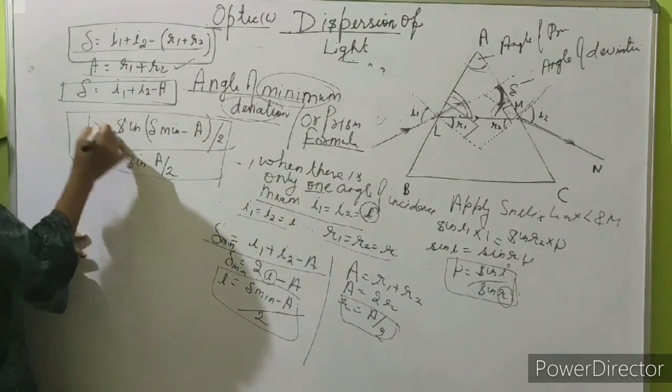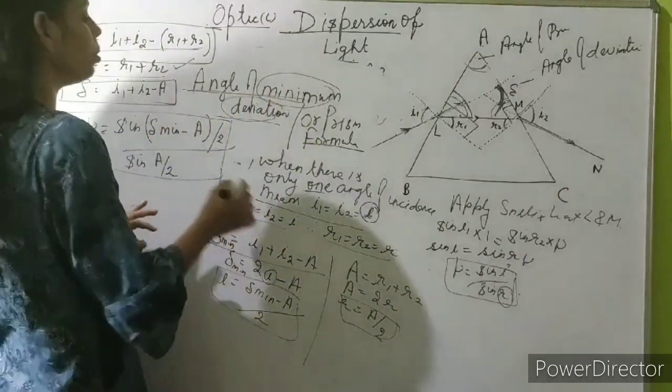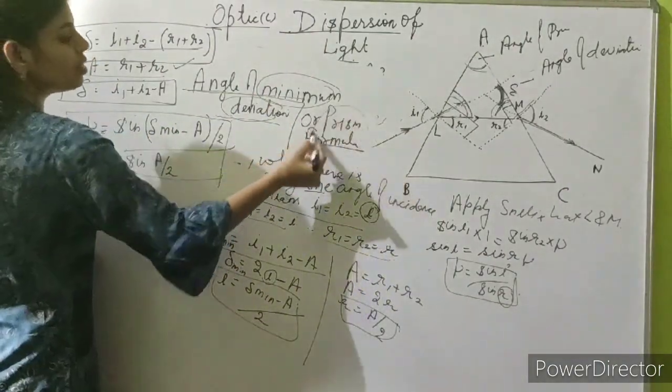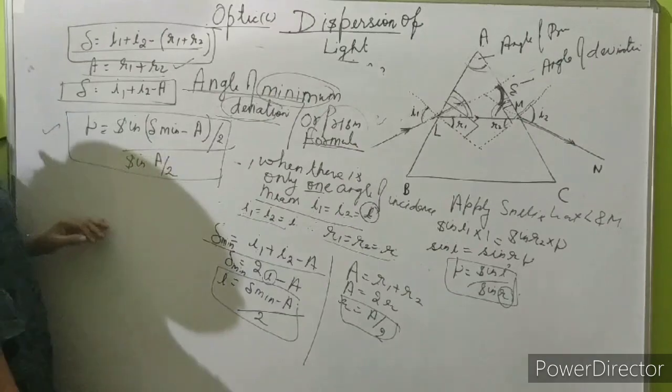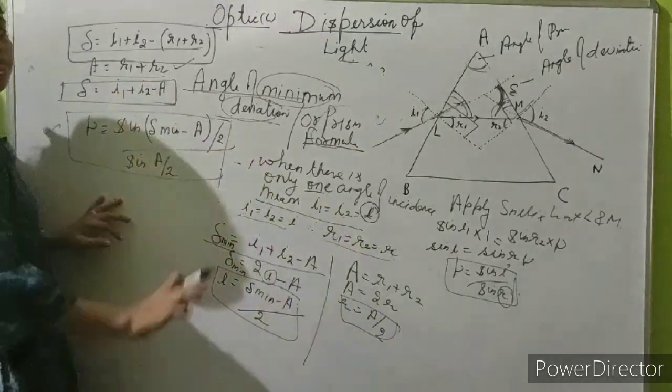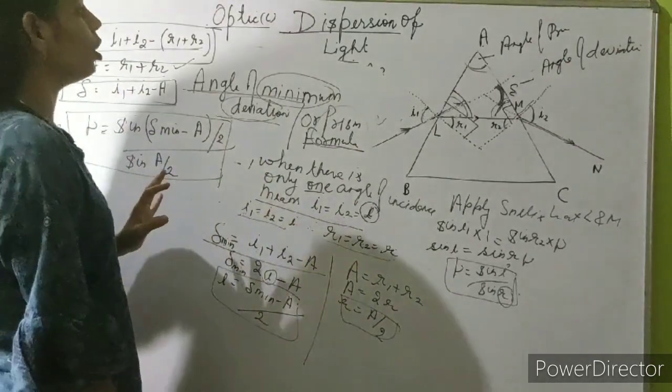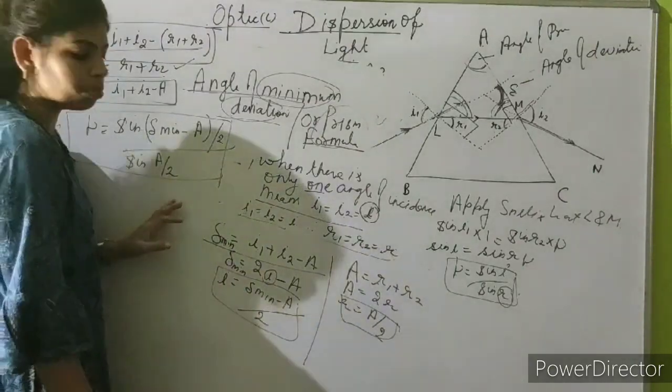So this is the derivation for angle of minimum deviation, or we can say that this is the formula for angle of prism. So this is all about the refraction through a prism.